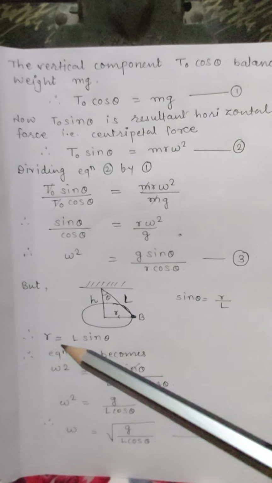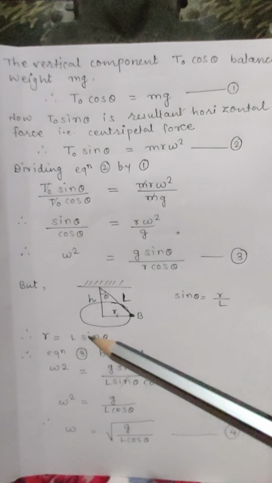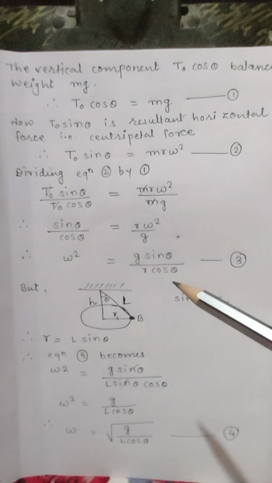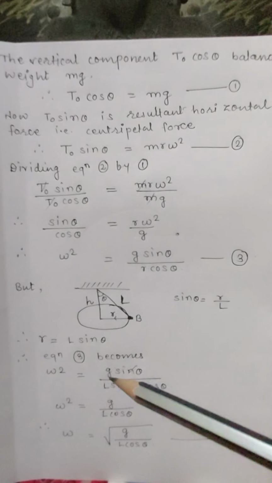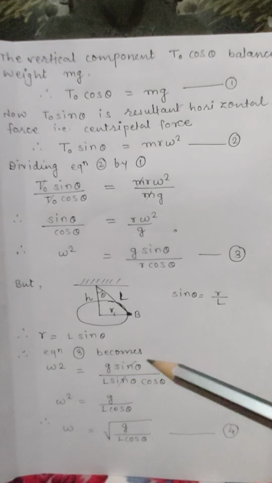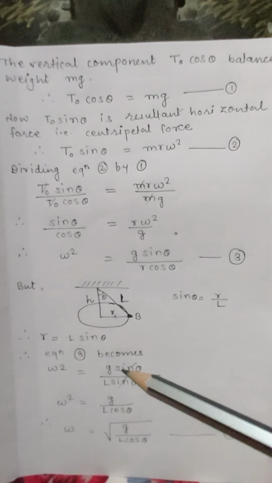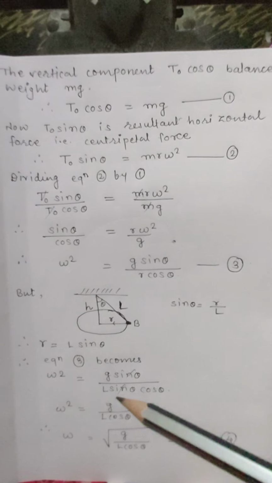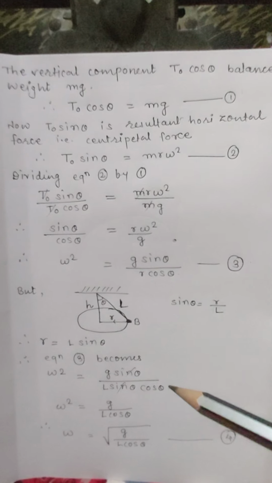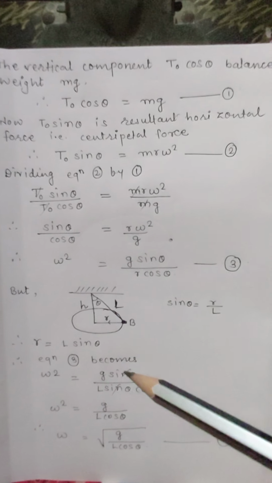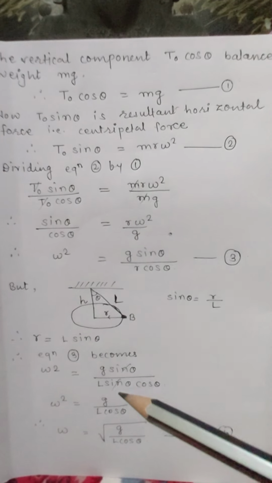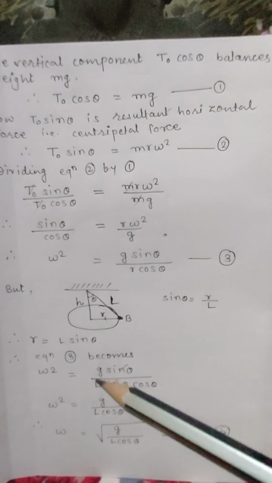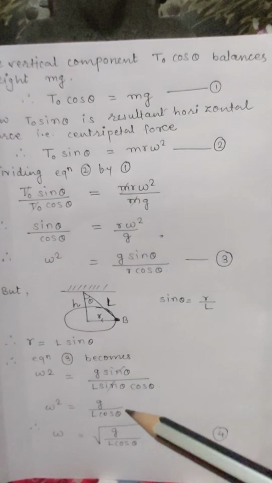Let us substitute this value of r, L sin theta, in equation number 3. So equation number 3 now becomes omega square is equal to g sin theta upon L sin theta cos theta. Now here sin theta gets cancelled. So what will remain? g upon L cos theta.